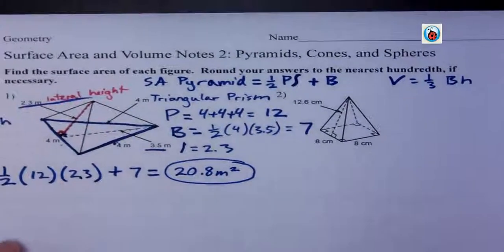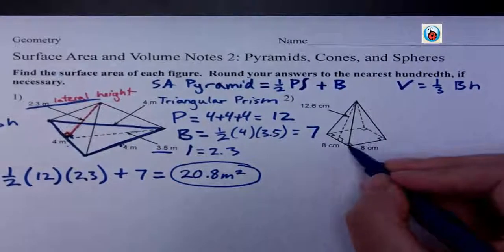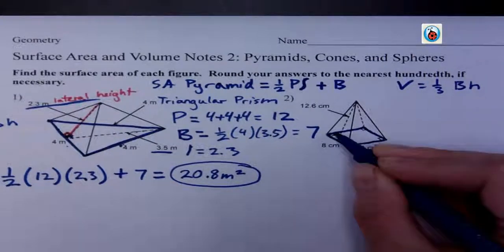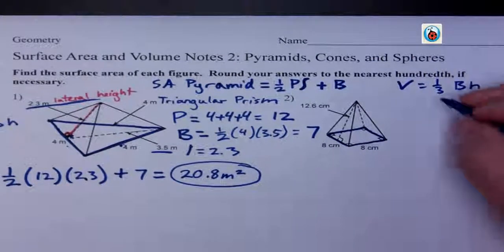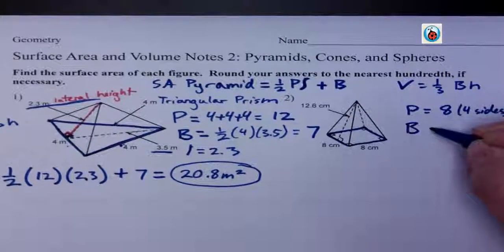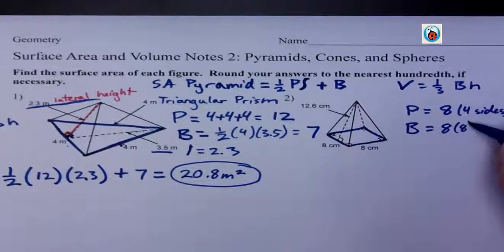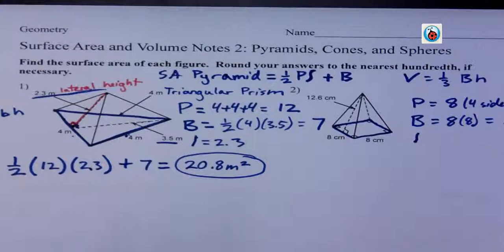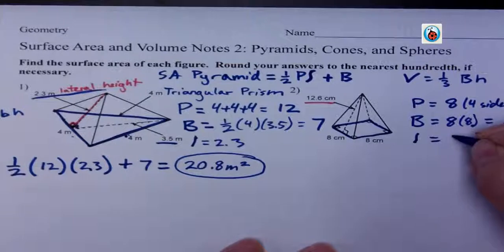Okay, so then next I have a square on the bottom. Squares are so nice to deal with. Okay, so each side is 8, so my perimeter just equals 8 times the 4 sides, which gives me 32. The area of the base just equals 8 times 8, which is 64. And then my lateral height is the 12.6.